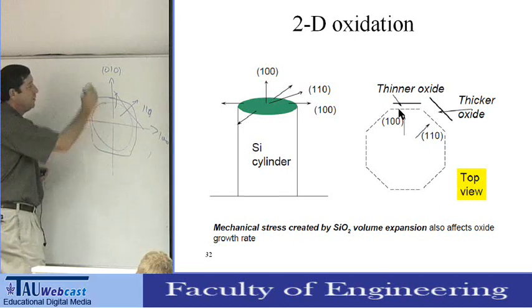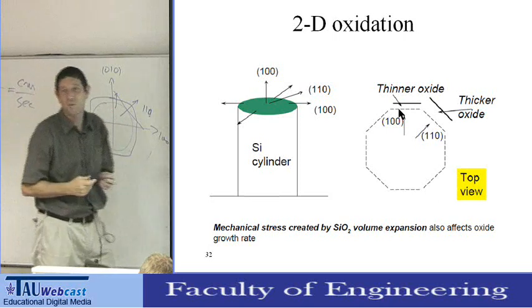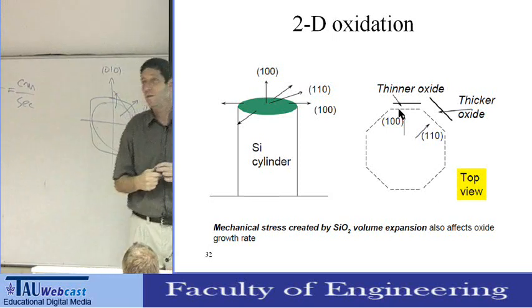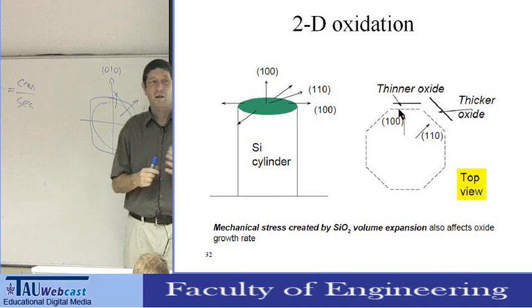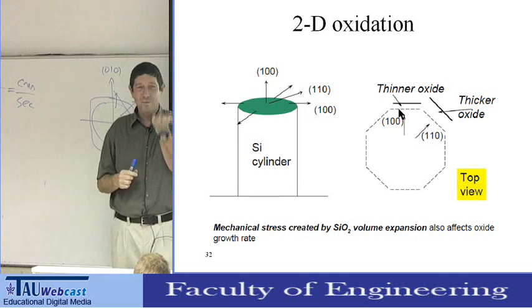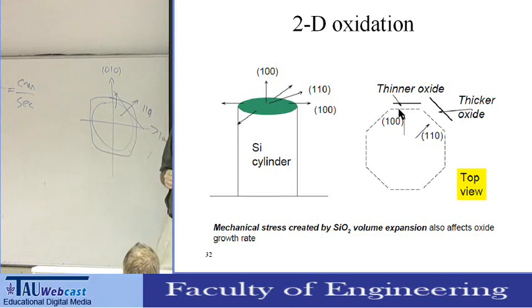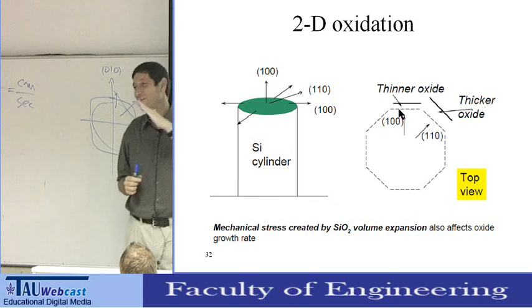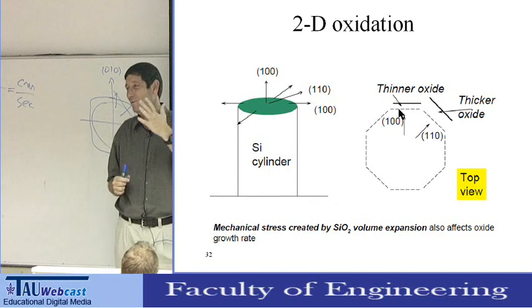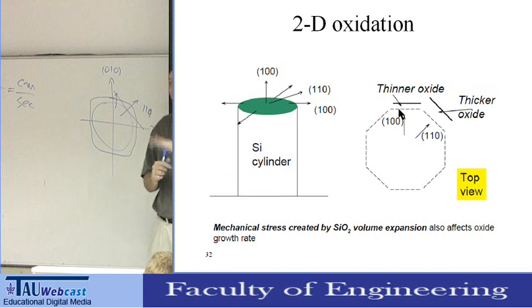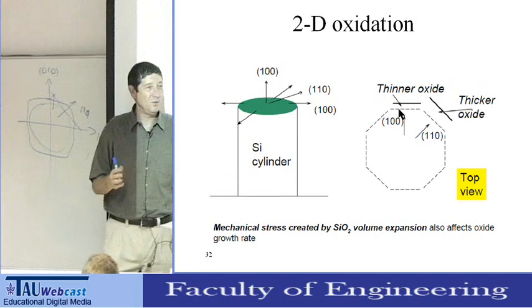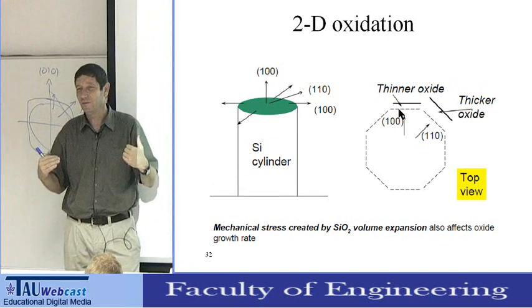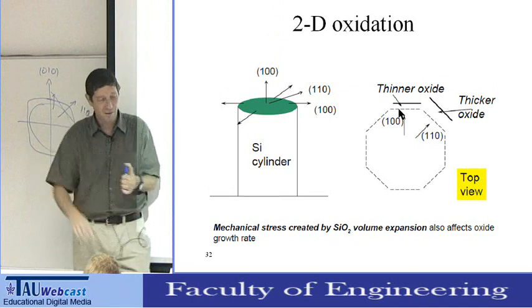And the 110 plane grows faster than 100. The reason is, if you remember the FCC structure, 111 is the densest plane, with more atoms. Because you have more atoms per unit area, it grows faster. And 100 is the less dense plane in the silicon.